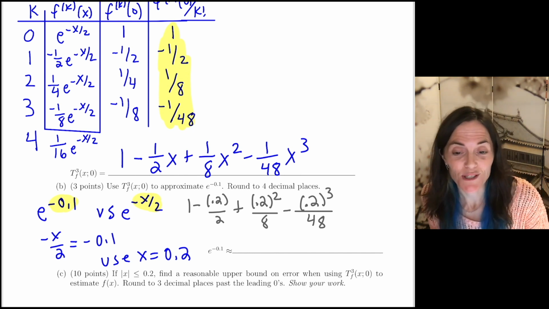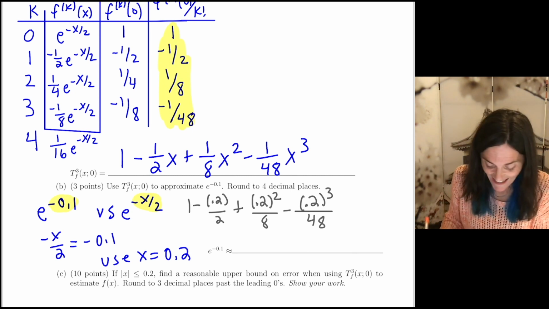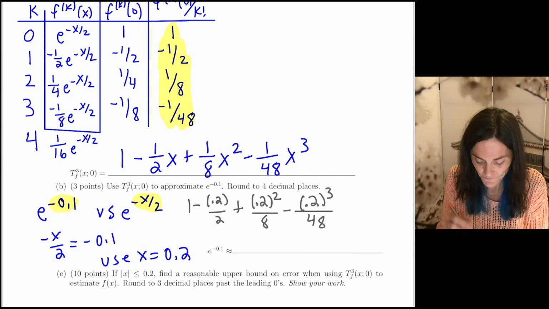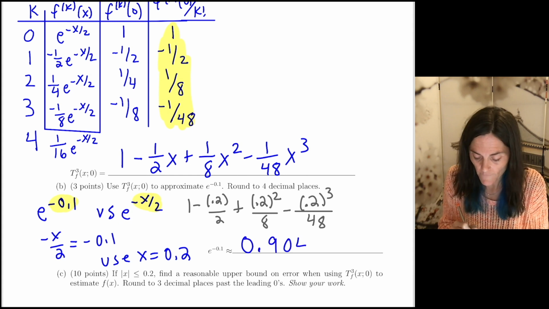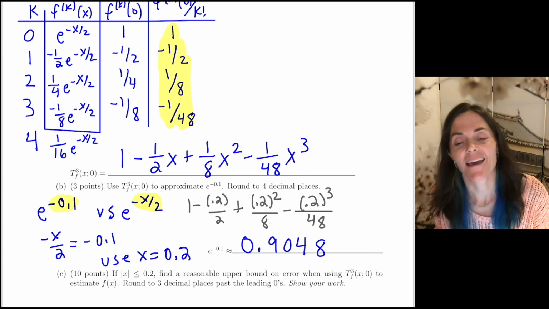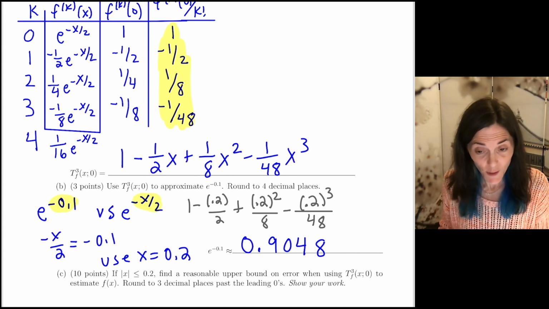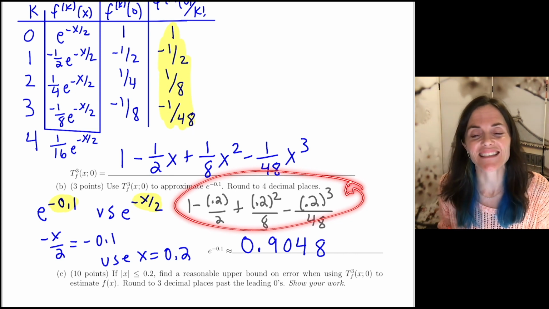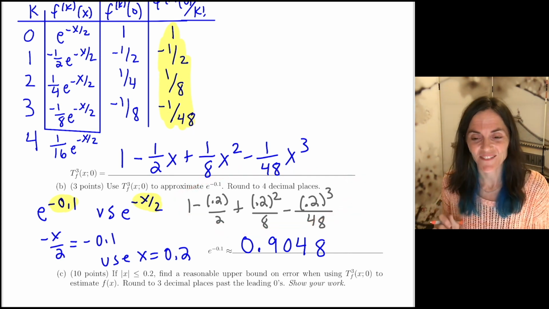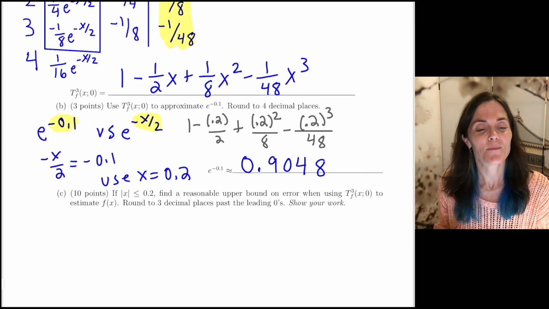So then it says round to 4 decimal places. Let me see what I get. This is 0.9048. Okay, this is our polynomial. The thing is, even though you use your calculator for this, it is polynomial evaluation, which is a fantastic thing. Now, part C.